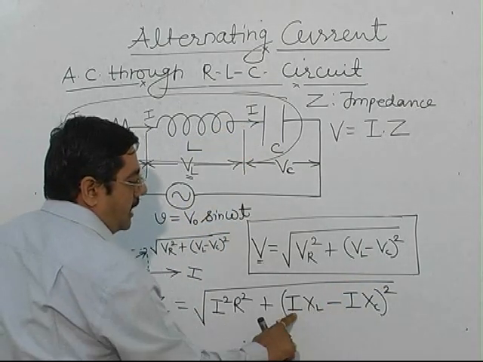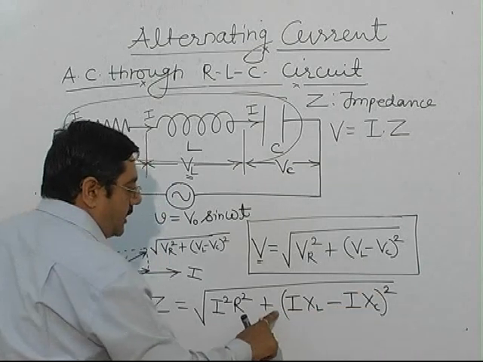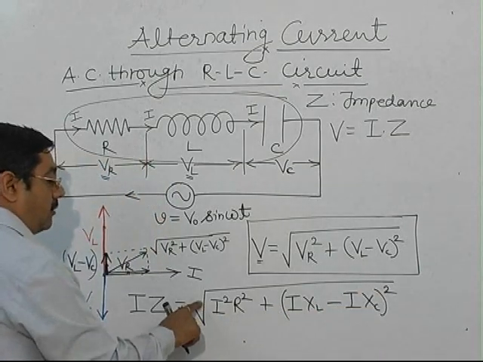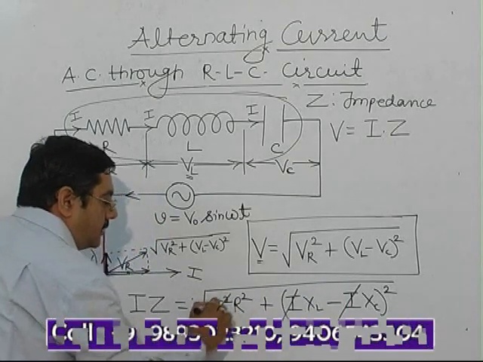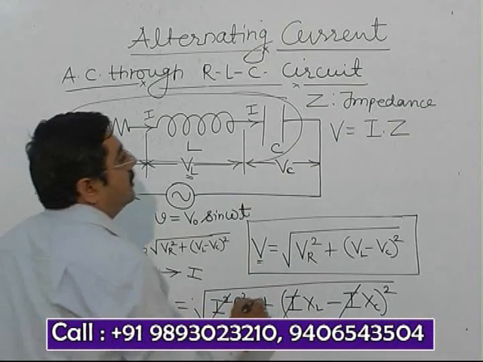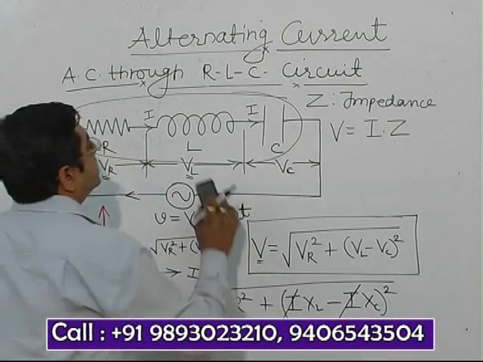I can take I square common, and after the root it will be I. So if I take it common, this cancels out. What is remaining? Remaining is Z.